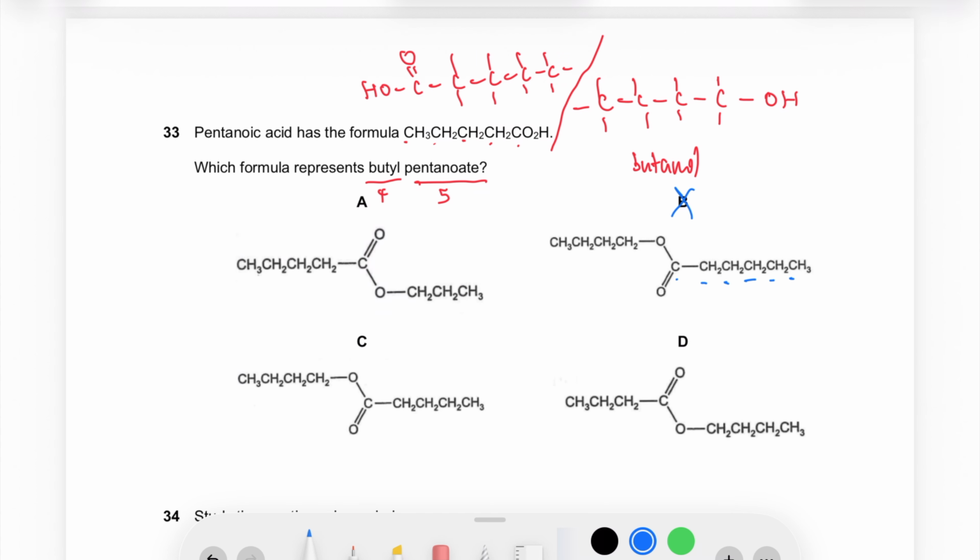So this out. You need 5 carbon. Let's try this one. I think this is good, right? 1, 2, 3, 4, this comes from the alcohol group, means the butanol. And then here is 1, 2, 3, 4, 5. This comes from the pentanoic acid. So yep, answer should be C. The rest do not make sense. This out, this out.